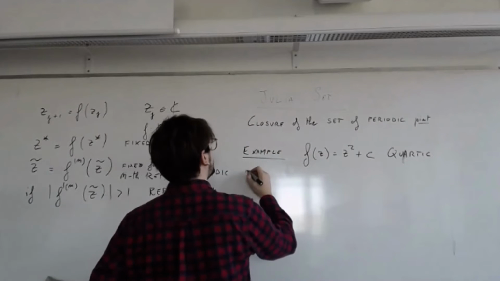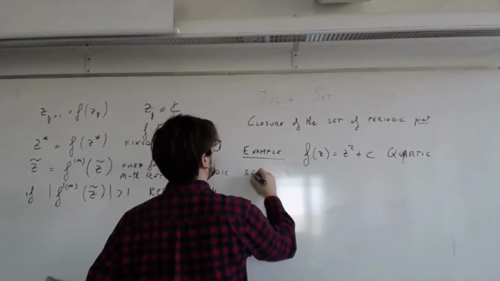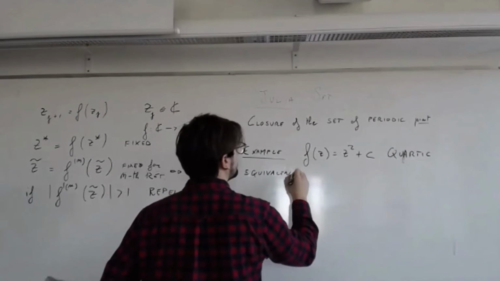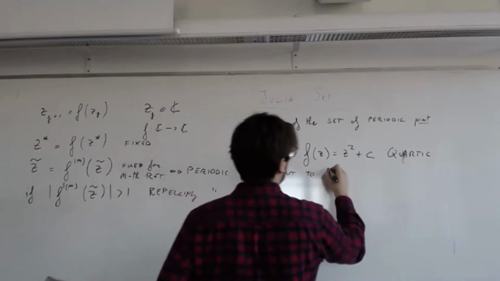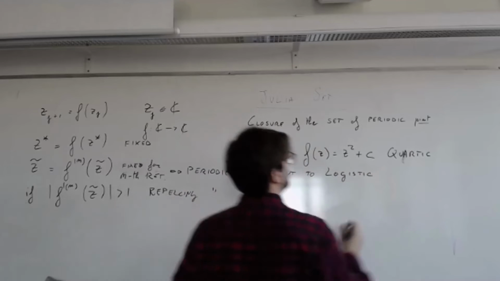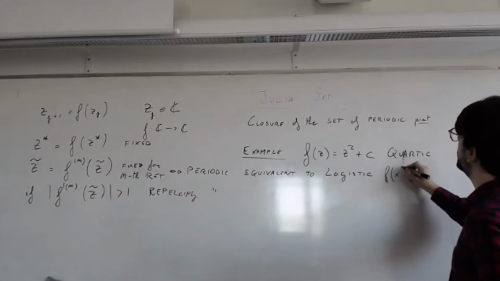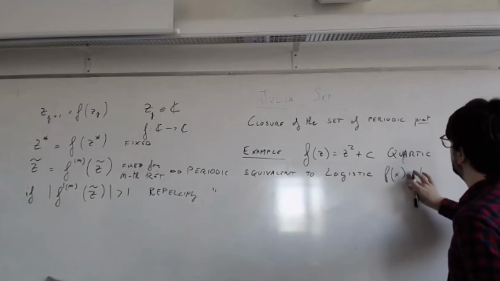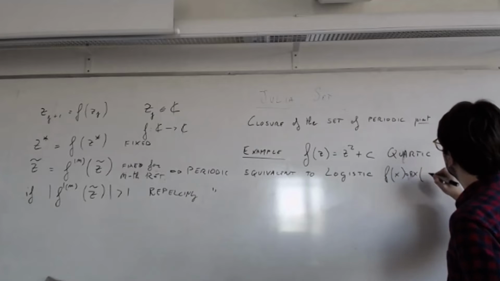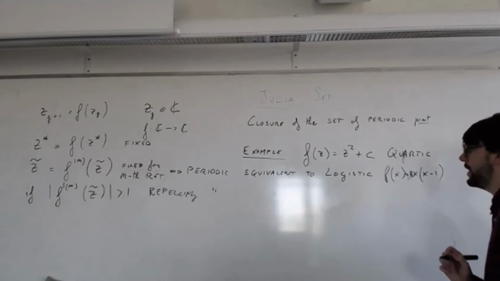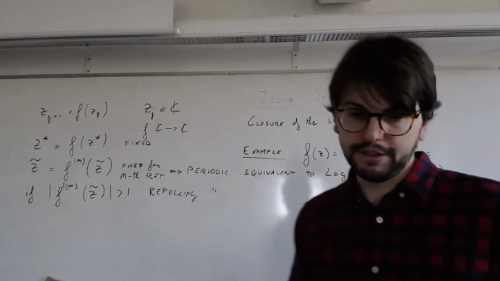You can demonstrate that this is equivalent to the logistic map. If you remember, in the real numbers, the logistic map was rx(x minus 1). So these two are equivalent.